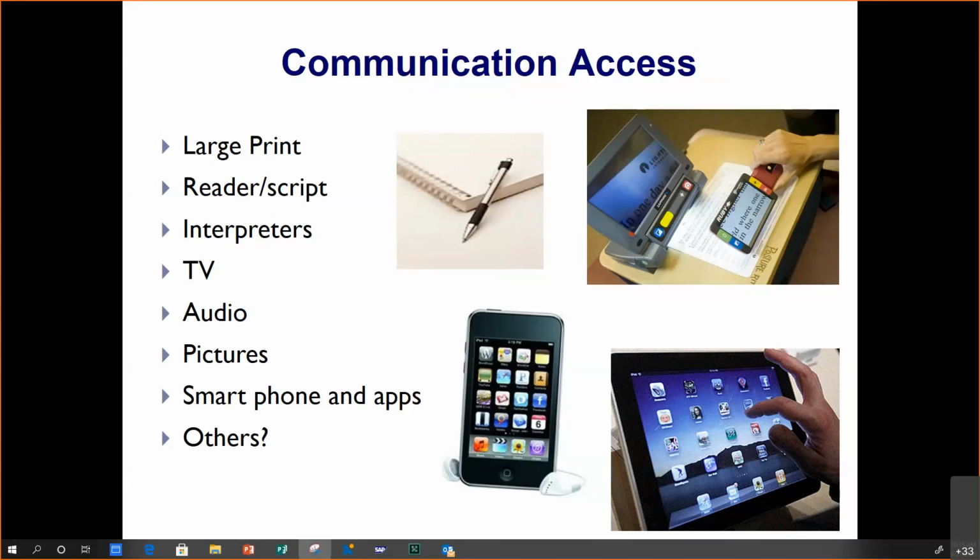Sometimes it's higher tech devices, an iPad, an iPhone that has an app that can provide additional access. And sometimes it's a pocket talker, that's a voice amplifier to help somebody who is deaf or hard of hearing, or a magnifying glass if somebody needs to be able to see forms that have really small print.